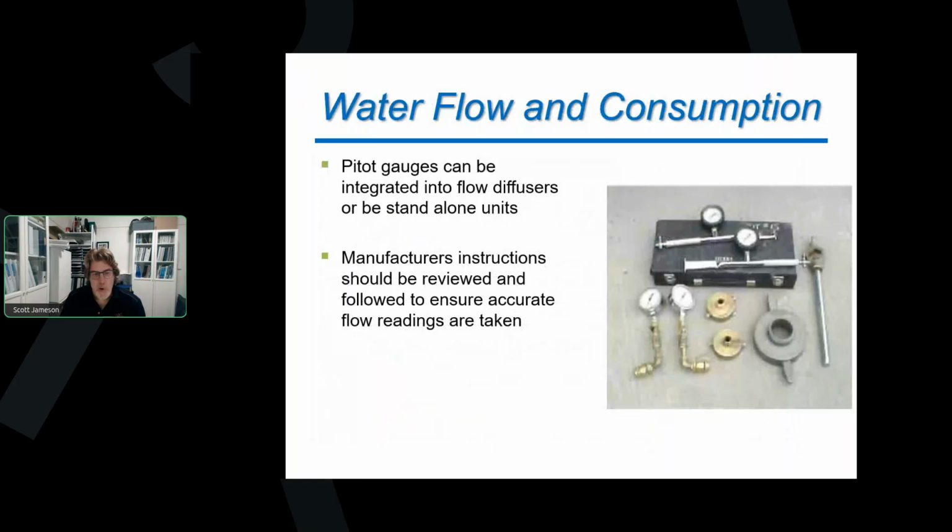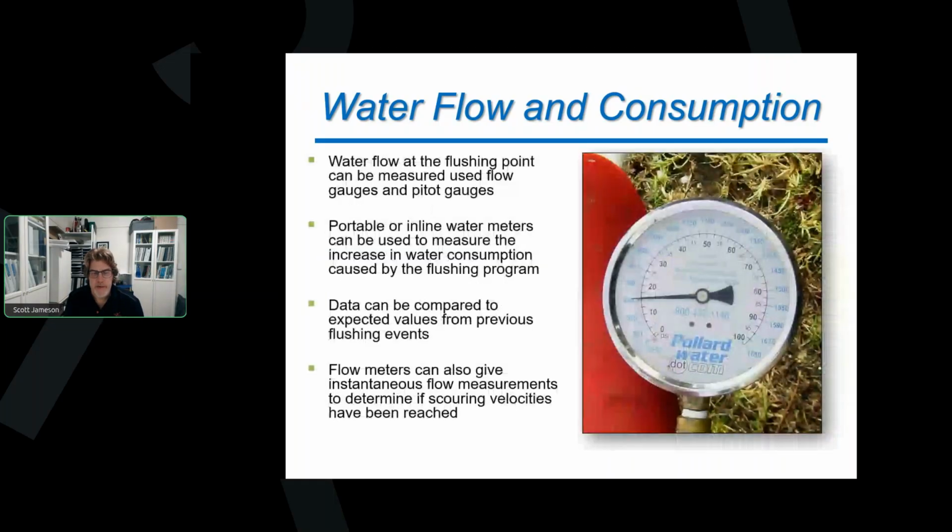Now for the flow, we need to be able to measure the flow coming out of our discharge point. We can use a pitot gauge, whether it's a standalone one where you stand next to the hydrant as it's discharging water and get yourself all wet, or one that is attached to a diffuser, and it's going to read that flow all the time while you are discharging the water.